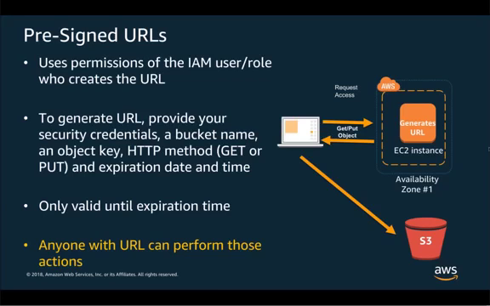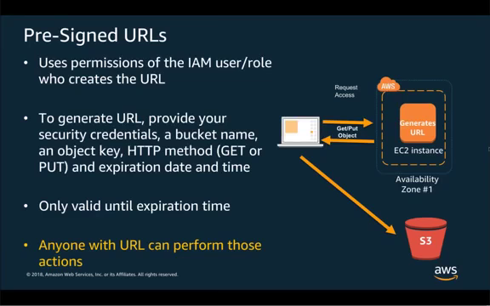Anyone with valid security credentials can create a pre-signed URL. However, in order for you to successfully upload an object, the URL must be created by someone who has permission. Anybody who gets hold of that URL will assume the role that signed the URL and can perform those actions. So this is something that you should keep in mind. This is another pro tip.